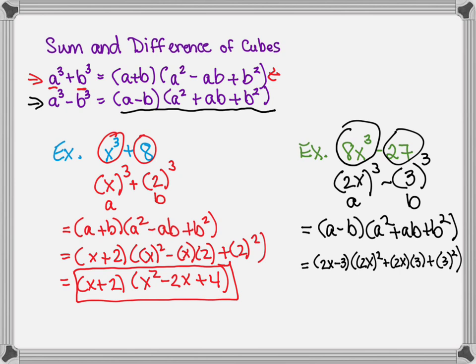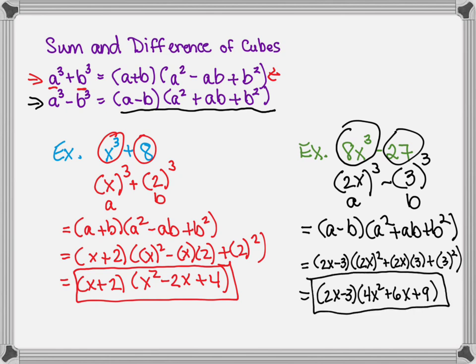Let's simplify. So I have 2x minus 3. And then I have 4x squared plus 6x plus 9. Again, remember that quadratic trinomial from the difference and sum of cubes formula does not factor further. So this is completely factored.